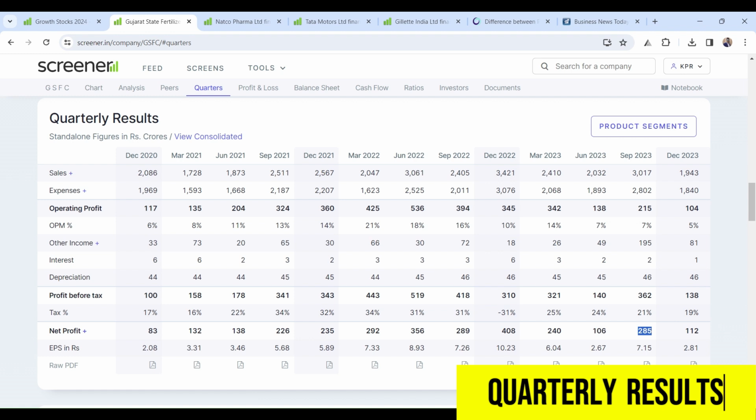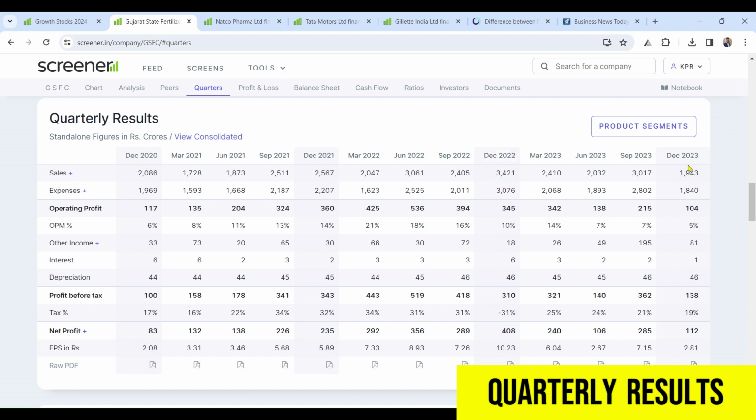And if you compare it even with last year's December quarter, it's even further below that. So profit is very low. And look at the sales. From almost 3,000, it has come down to 2,000 in the December quarter. Same when you compare it with the last year's December quarter.